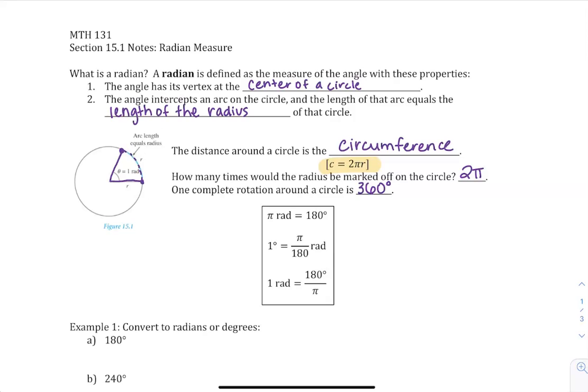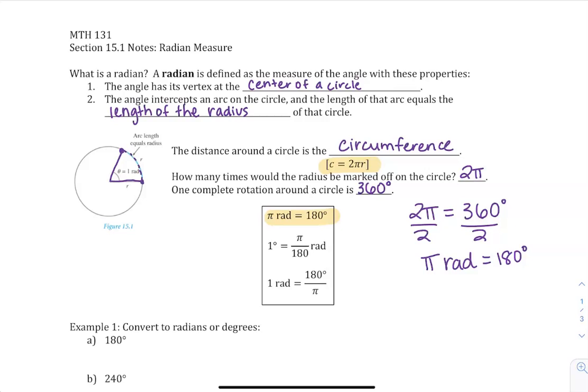But for right now, I want us to recognize that 360 degrees forms that circle, and it takes 2 pi radians to form a circle. So if we set those equal to each other, 2 pi equals 360 degrees. Those are both measuring going around the circle. Well, let's divide both sides by 2. And that's where we see that pi radians is equal to 180 degrees. That's something that you need to remember, or at least have written down somewhere.